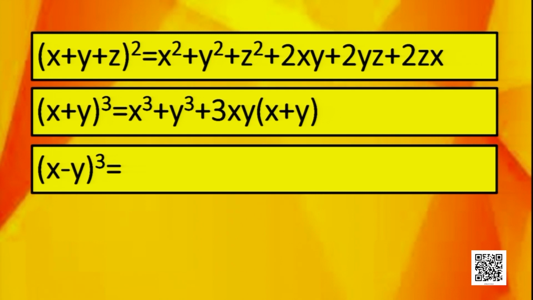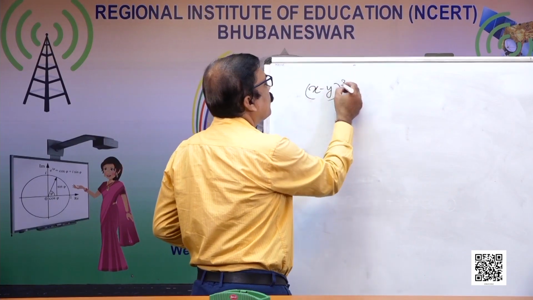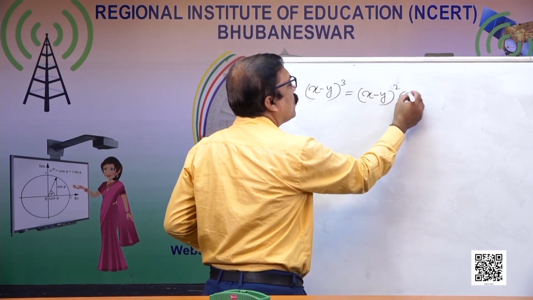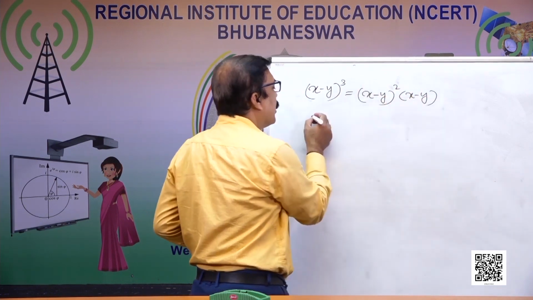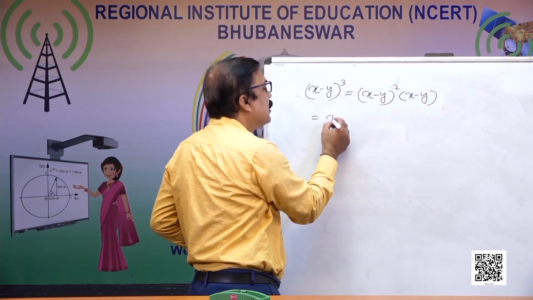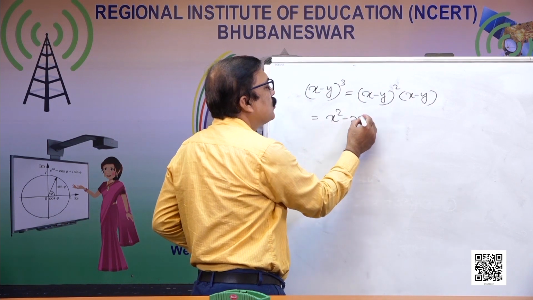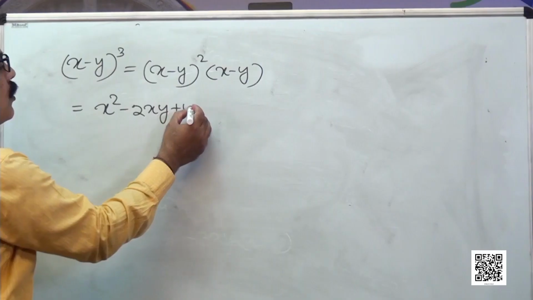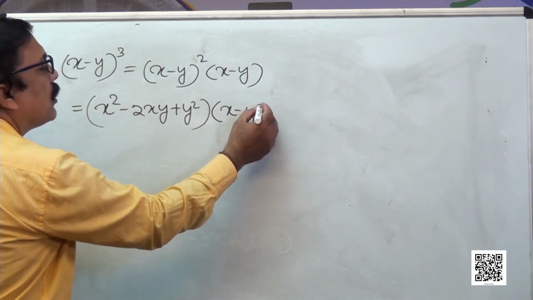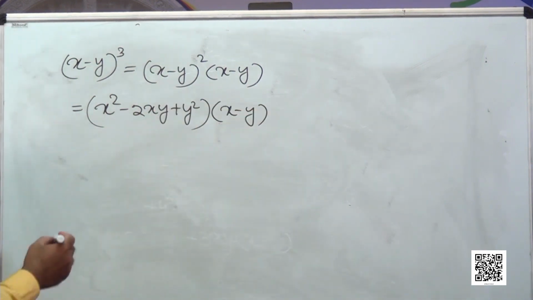This, x minus y to the power 3, can be written as x minus y whole square into x minus y, and x minus y whole square is x square minus 2xy plus y square. This is to be multiplied with x minus y.